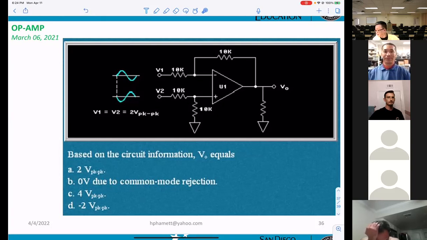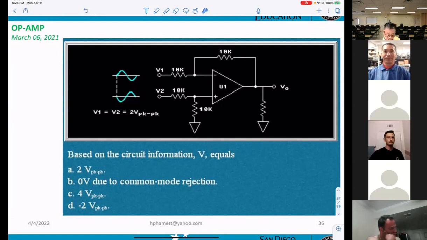Just tell me which one, A or B or C or D. C. You say B. Who else? C. You say C. Who else? You get the same answer or not?